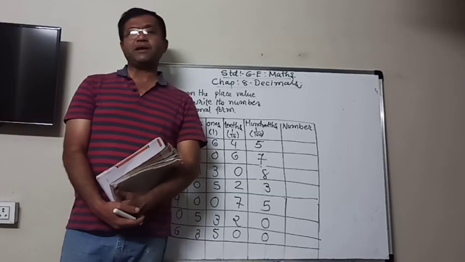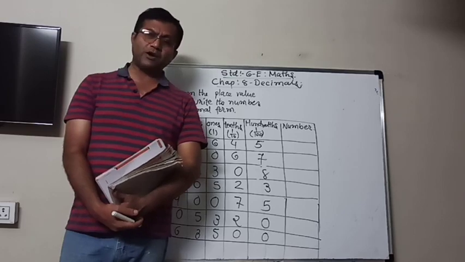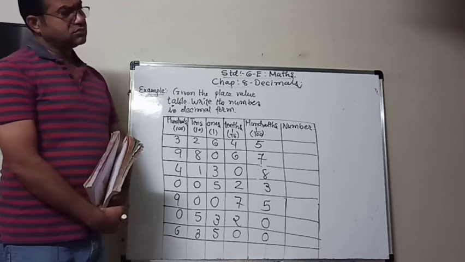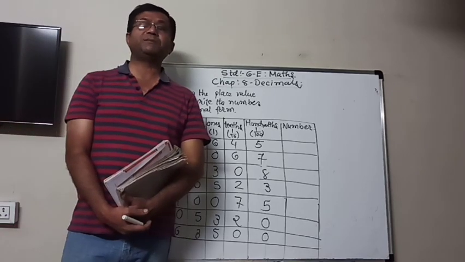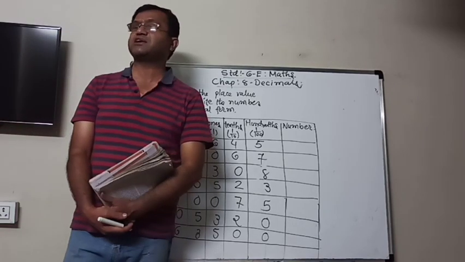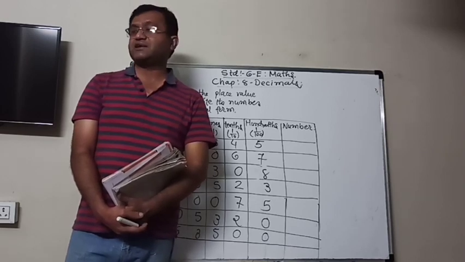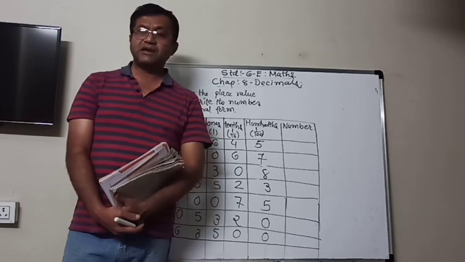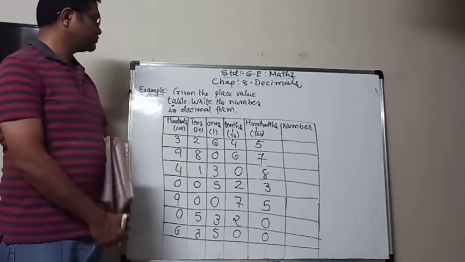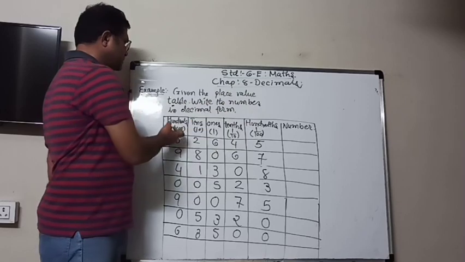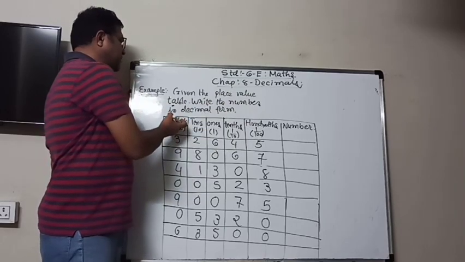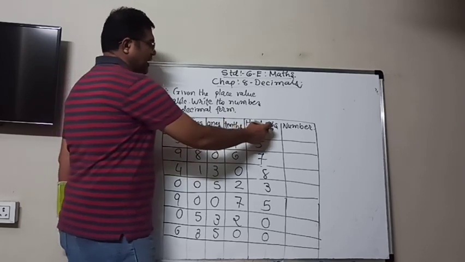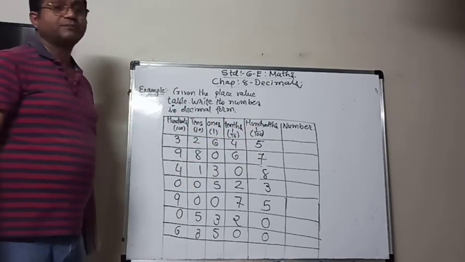Now we have learned about the place value of tenths and hundredths. If the place values of the digits are given, let us write how to write that number in decimal form. In the table, the different places like hundreds, tens, ones, tenths and hundredths are there.